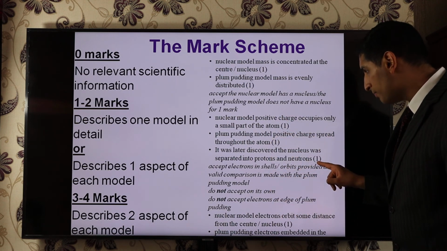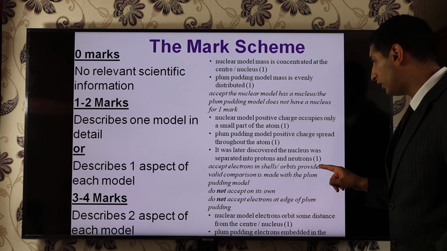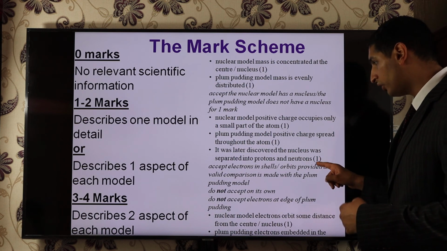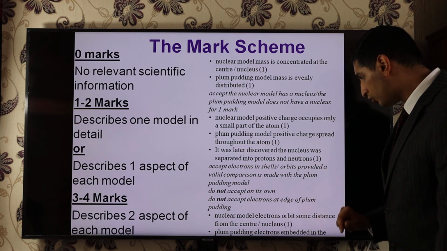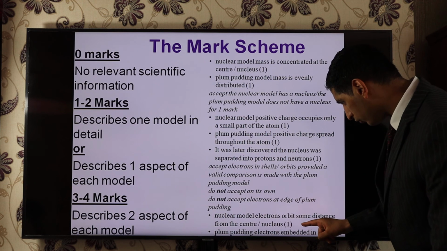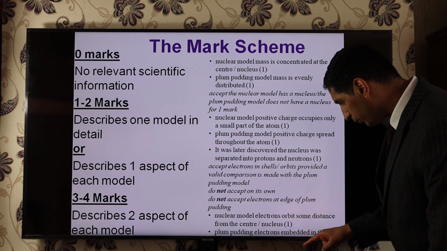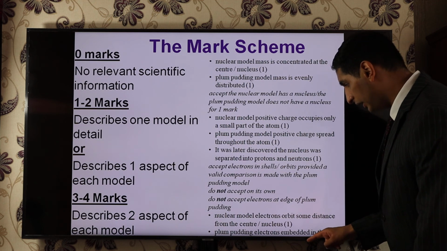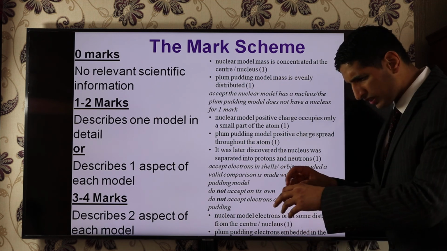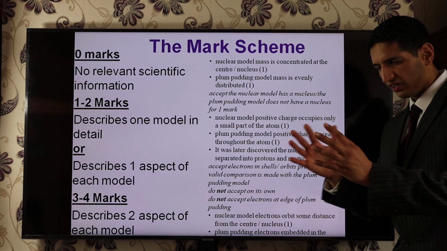So there's a number of differences. It was later discovered the nucleus was separated into protons and neutrons. That came later. In the nuclear model, electrons orbit some distance from the center of the nucleus. In the plum pudding model, electrons are embedded in the pudding.